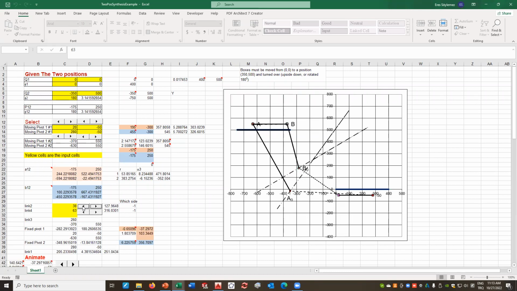In this case, I have called B the first point, A the second point. I have used A0A as the crank. In my case, I had to use B0B as my crank. That's what I said. Okay, I'll post this as well.